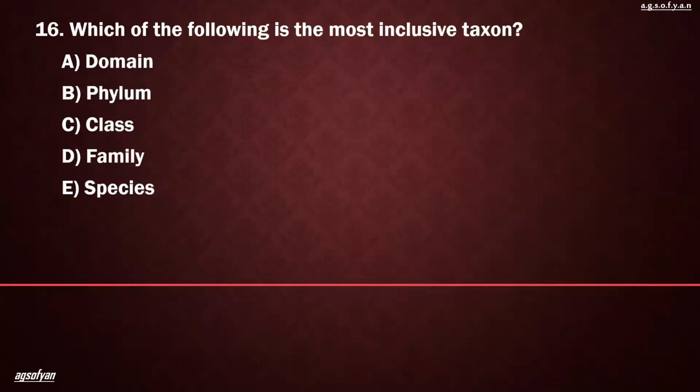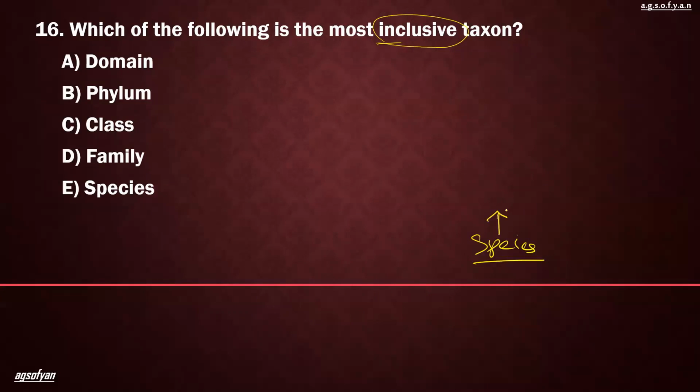Now, which of the following is the most inclusive taxon that consists of all the groups? Species? Come on, species is only one group, very exclusive, not inclusive.